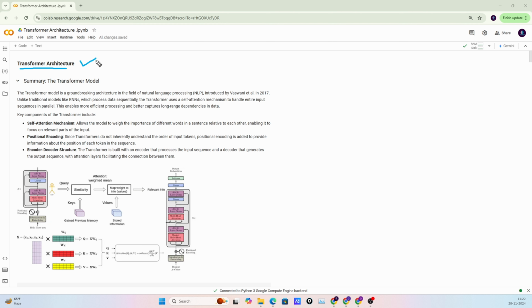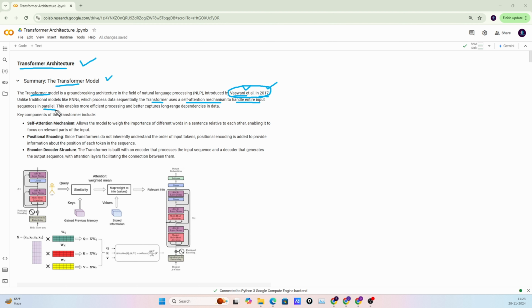So let me start. The transformer model was first introduced by Vaswani in one of their research papers, Attention Is All You Need, in 2017. And the transformer uses the self attention mechanism to handle the entire input in parallel mode rather than the sequential mode.